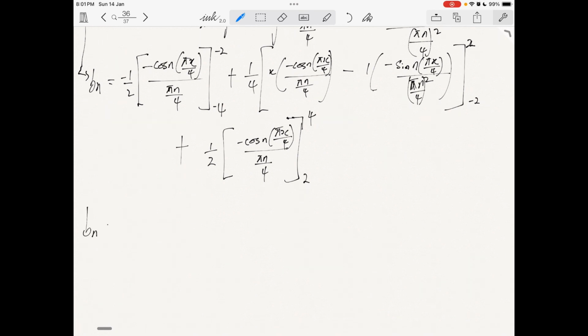So bn, reducing the term, this minus can multiply this minus, so that we are left with plus.